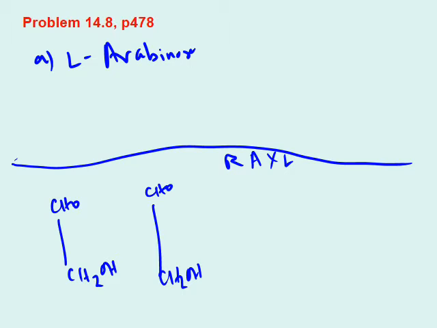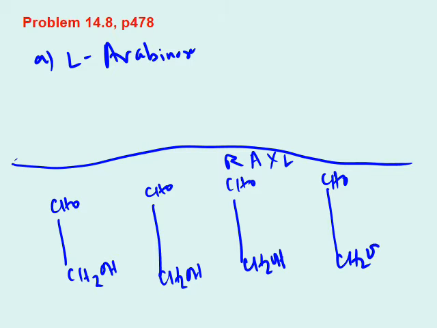OH, then CHO, CH2OH, and then CHO, CH2OH. Okay, now I'm going to write down all these, so must have OH on the right. Remember, Ribose, arabinose, xylose, lyxose.